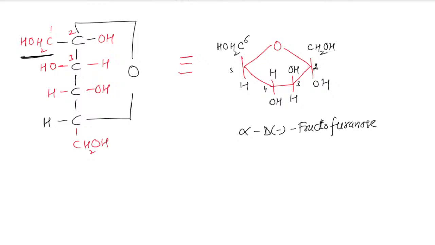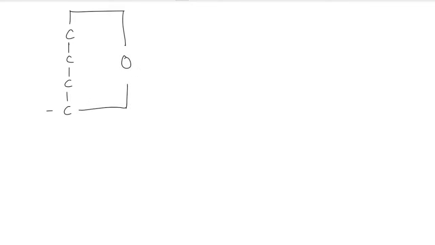Okay. Now, beta. For the beta, OH is on the left side. So, see, 1, 2, 3, 4 and fifth is oxygen. And there is CH2OH.